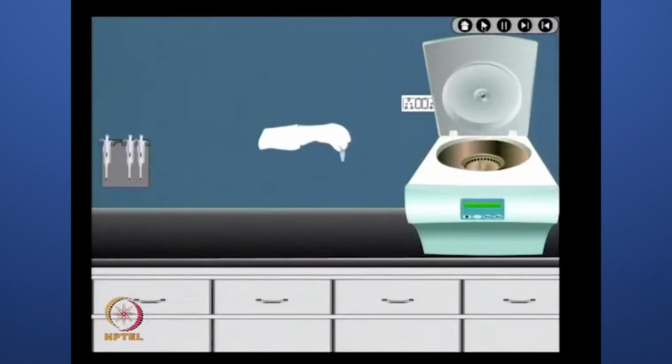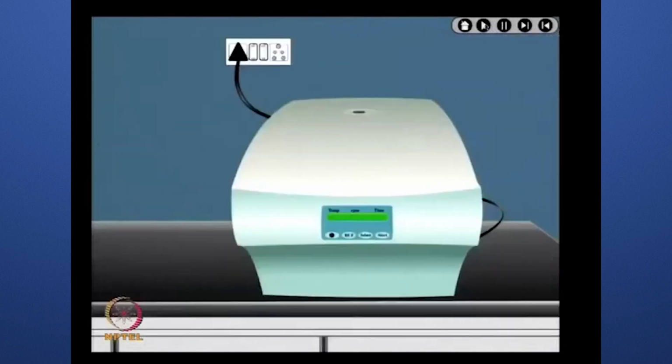Sonication involves the use of high energy sound waves that are capable of breaking open the outer membrane of the cells. Cell debris and unbroken cells can be separated by the centrifugation step.